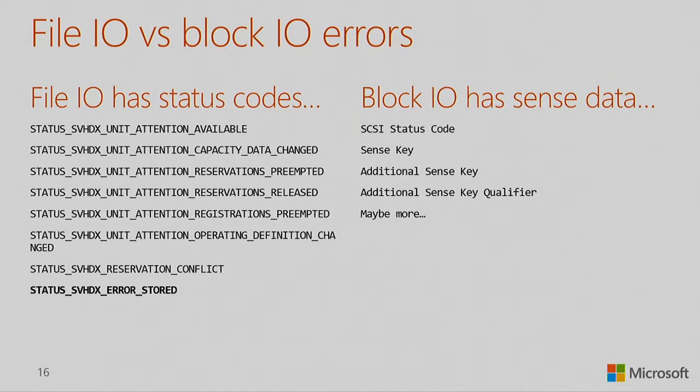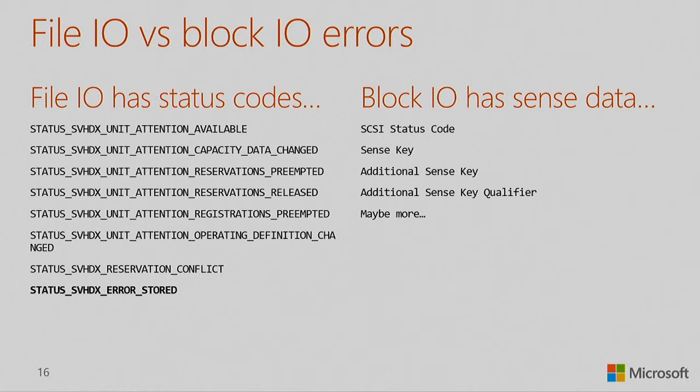There are some specific ones defined in the protocol that correlate to common actions. Persistent reservations, because we optimize for a failover clustering workload in the guest. Things like validate and cluster membership happen through persistent reservations. So the specific unit attention codes there are translated into NT status codes.